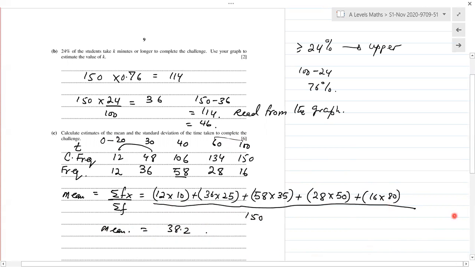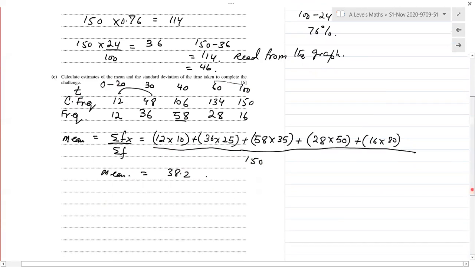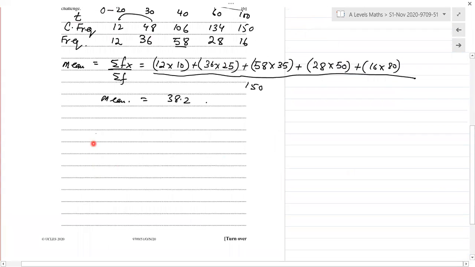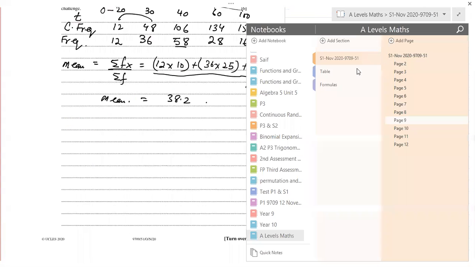Now it says we have to work out the standard deviation. So the standard deviation, we work out by squaring the x values. If you remember, let's have a look at the formula for standard deviation.